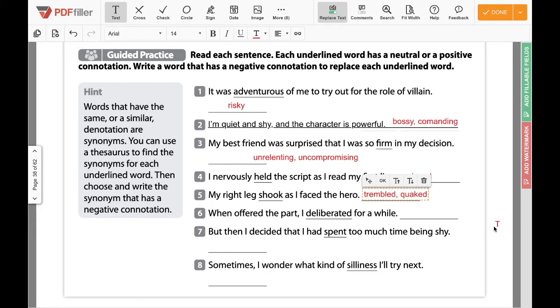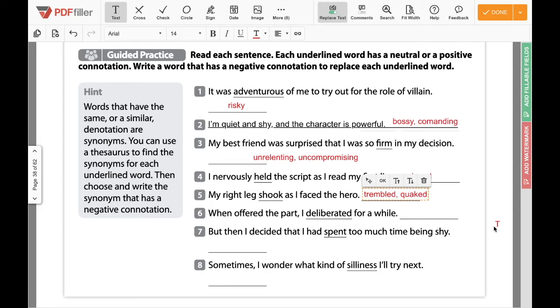So the next one says, when offered the part, I deliberated for a while. The denotation of deliberate just means they thought about it for a while, and they spent a lot of time thinking about their decision. So we want to try to use one word.